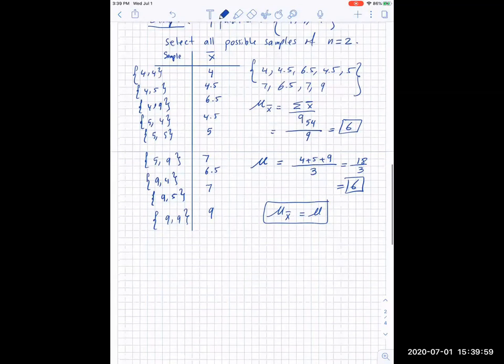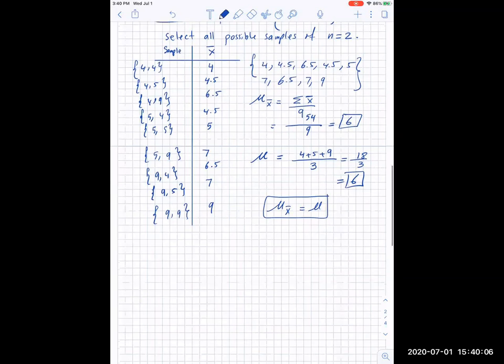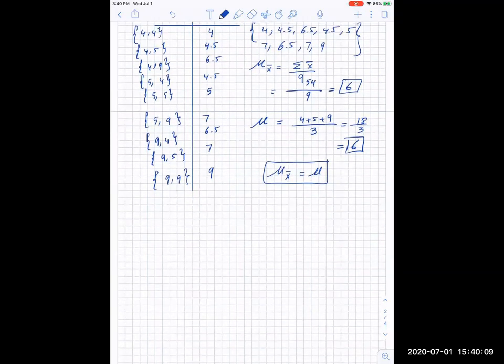That's why I'm saying that the sample means target the value of the population mean.